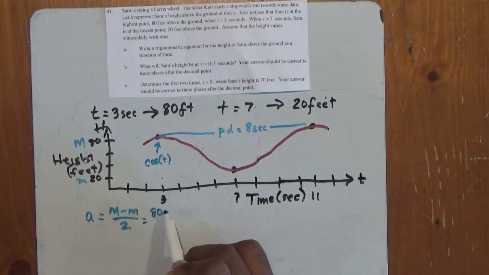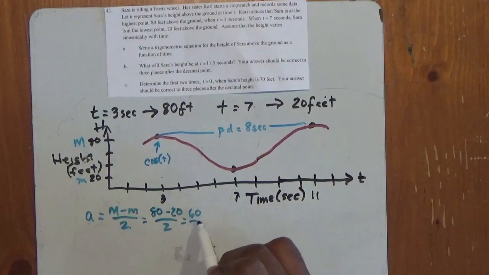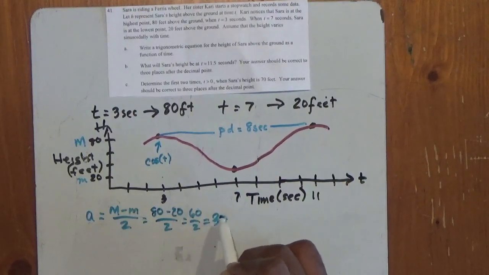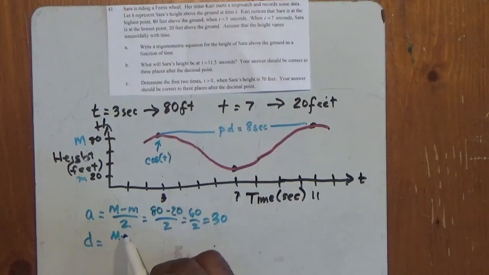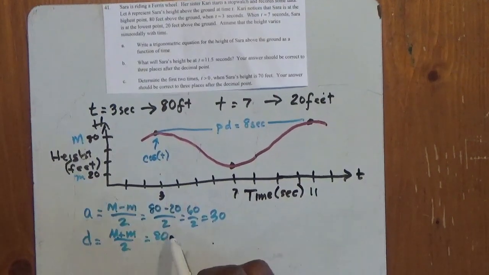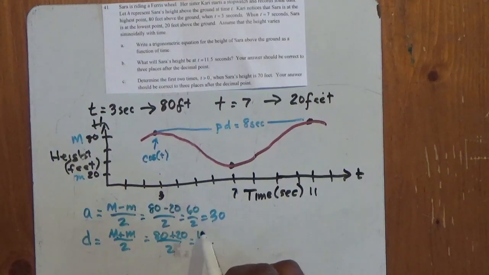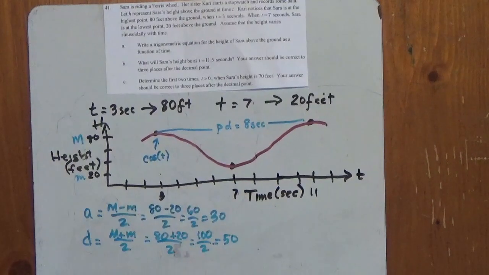That gives us 80 minus 20 over 2, which is 60 over 2, and that's 30. D is equal to big M plus small m over 2, which is 80 plus 20 over 2, which is 100 over 2, and that is equal to 50.